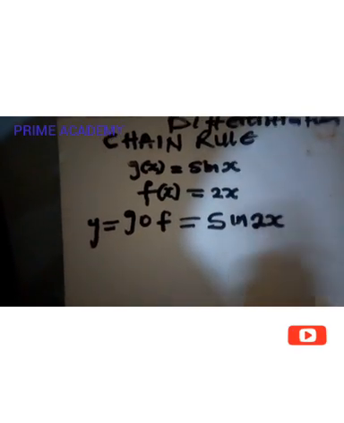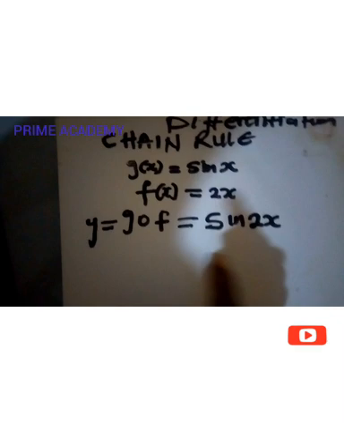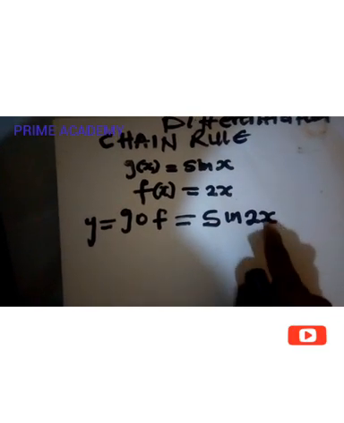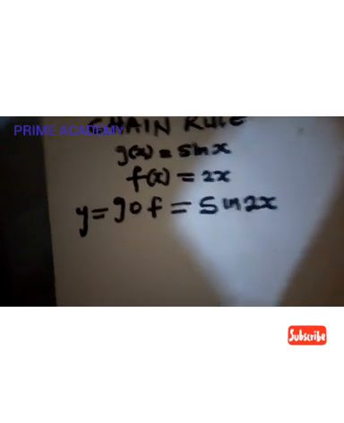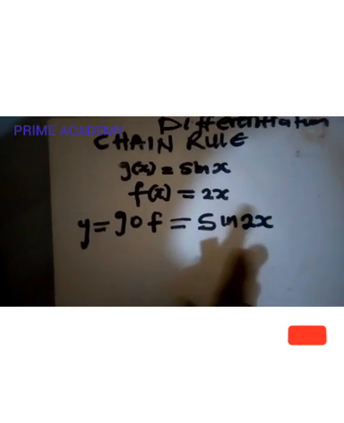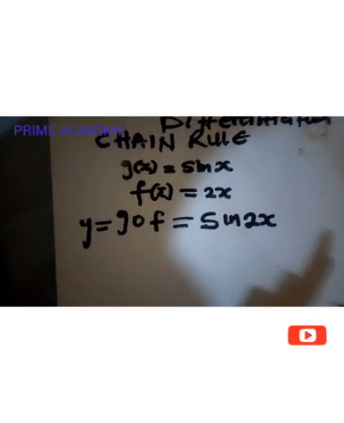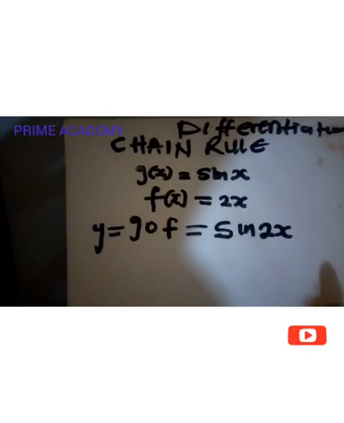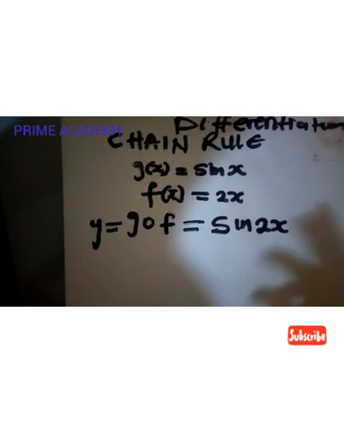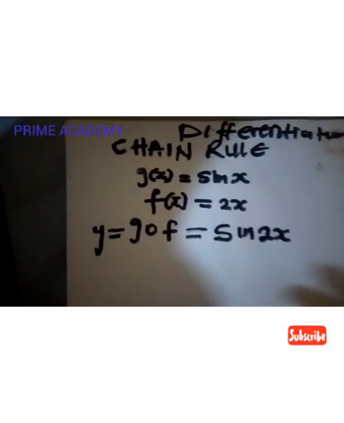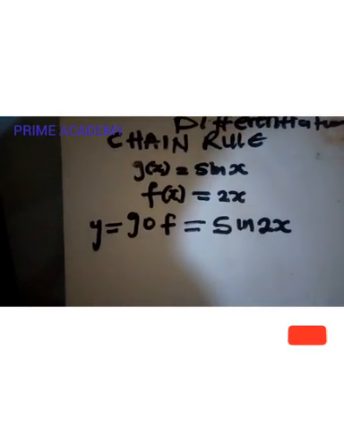Looking at this function, you discover that this new function was obtained by inputting 2x into sine x. So whenever you find this kind of function, you apply the chain rule, because this is called a function of function. I will be differentiating various functions without having to use the formula, teaching you how to tackle them directly.